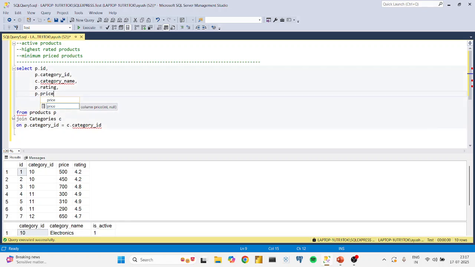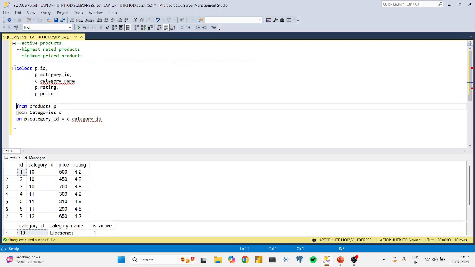These are all the columns we need, and now we have to filter by the active categories. So we will do where C.is_active is equal to 1, and let's create a temporary table into active.